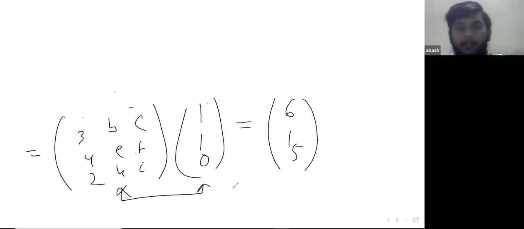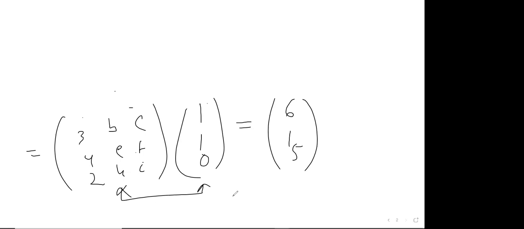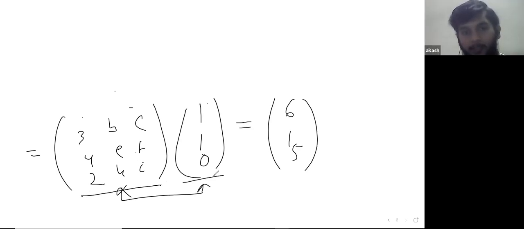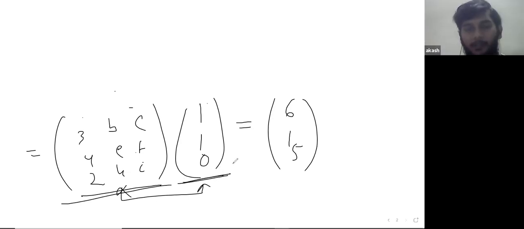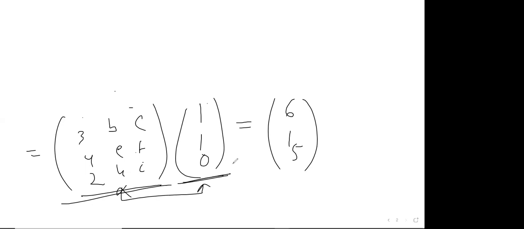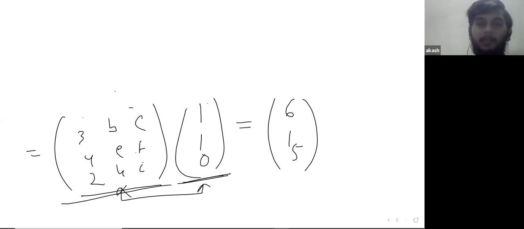I taught you matrix multiplication in the last class. I have to include the first one as well, 3, 4, and 2. Yes, completely. You have to multiply this matrix and this matrix. This is simple matrix multiplication. You know how to multiply matrices, right? We did that in the last class. Simply multiply and tell me the answer.